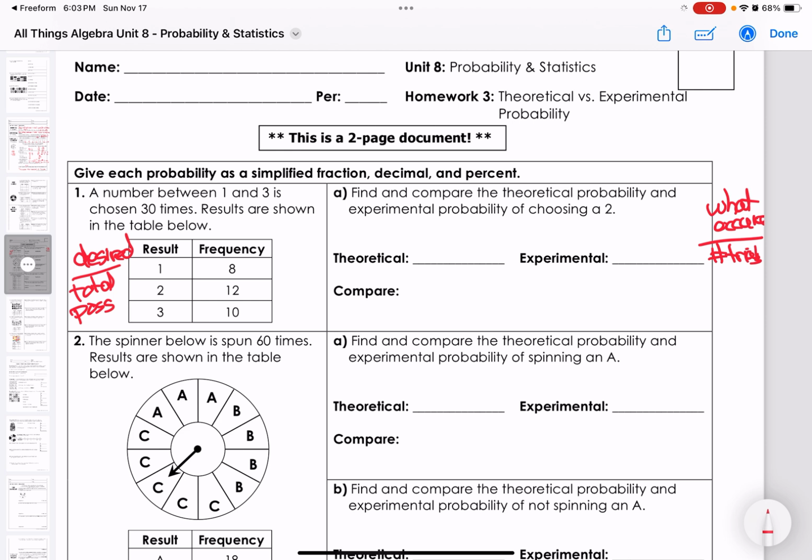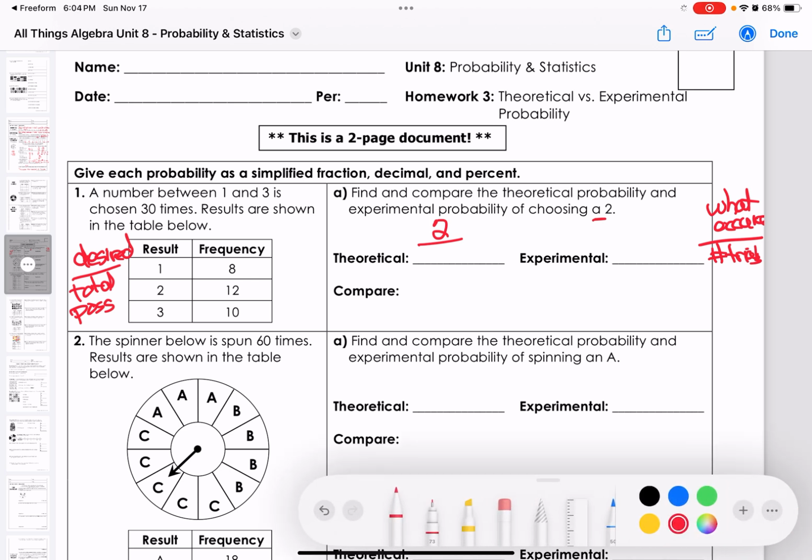So in theoretical, that is my desired outcome, what I want. In this case, I want to choose a 2, but I only have one 2 out of my total possible choices, which is a 1, 2, or 3.